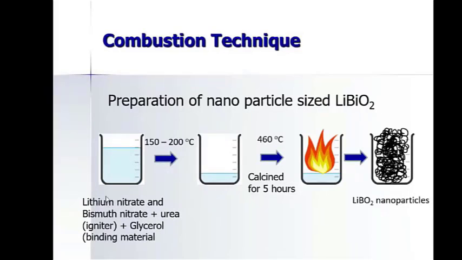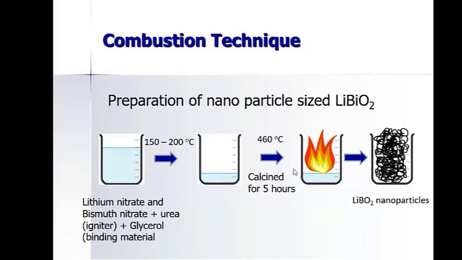So the reaction is taking place between the oxidant, which is the nitrate, and urea. And in this particular process, glycerol is added as the binding material. These three are taken, and this is kept in a preheated furnace. During that process, the solvents evaporate and it becomes a jelly mass.